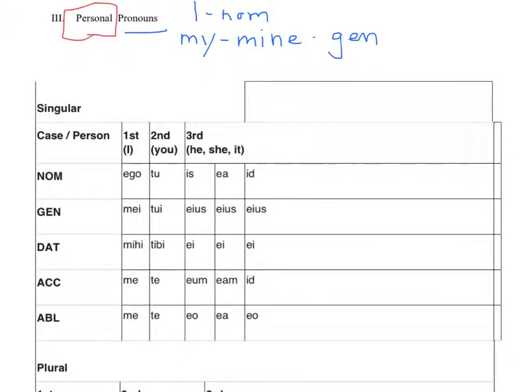If you want to make it the dative, you say to me. If you want to say the accusative, you say me. And if you want to say the ablative, you would say by, from, within, at, on, me.